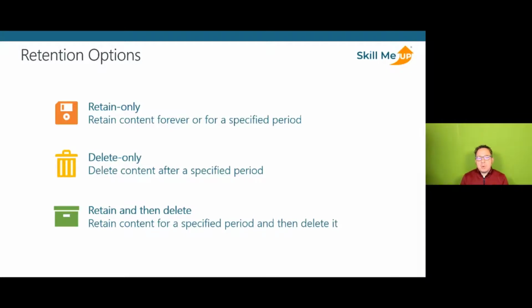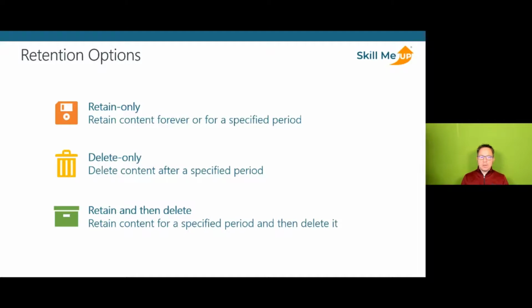And then of course our most common one is to retain and then delete. This is the most common one and the one that takes a little bit more time to implement. When we do the retaining and delete, we are following a prescribed process. So we say, this is the content that I created and we've done work on it. It's reached a specific point where it becomes final.